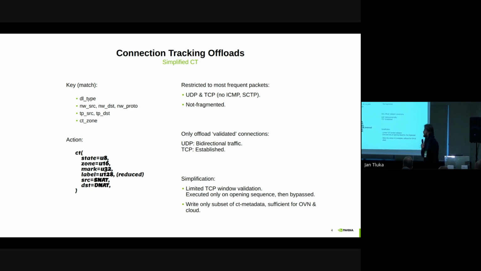So as a result, the hardware rule that implements this CT offload has a match that is roughly the same as the software ConTrack key, except that all the ICMP related fields are removed. And then, the action is pretty much exactly the same.